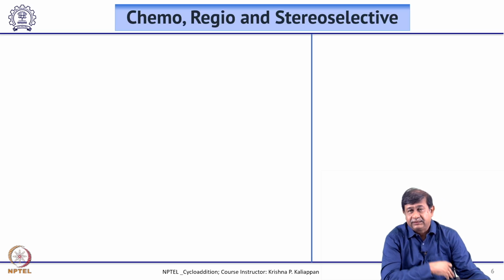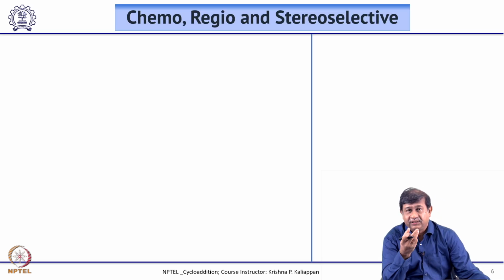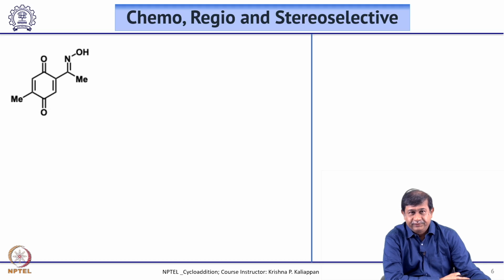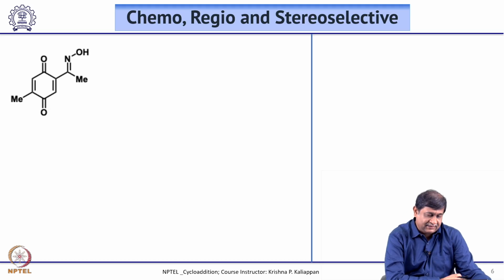For example, when you do a Diels-Alder reaction, you talk about chemoselectivity, you talk about regioselectivity, you also talk about stereoselectivity. Can all these three be controlled by the addition of Lewis acid? Let us see one example. So if you look at this dienophile, now first let us decide on the chemoselectivity.